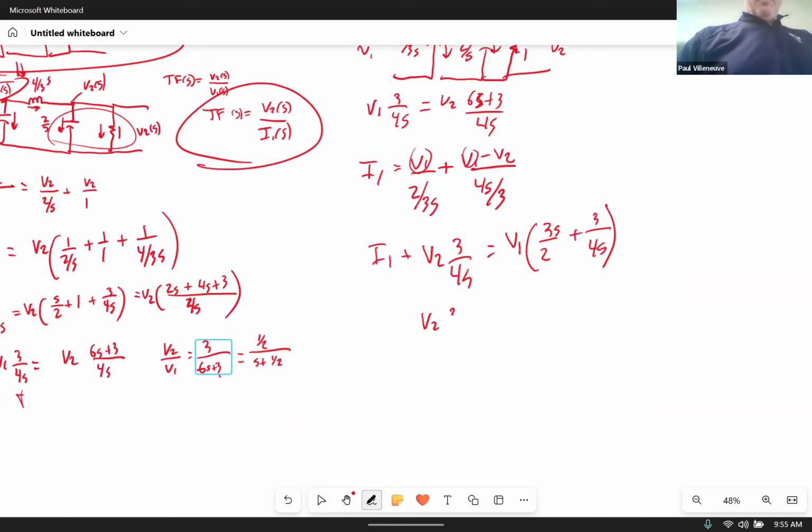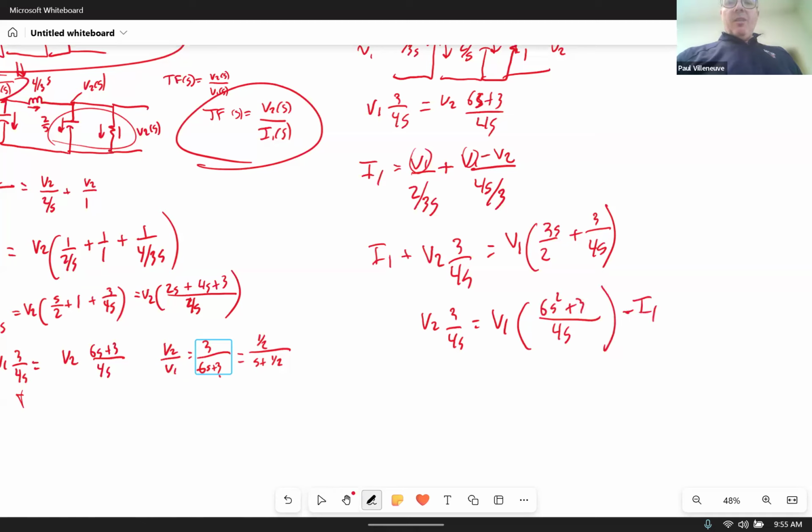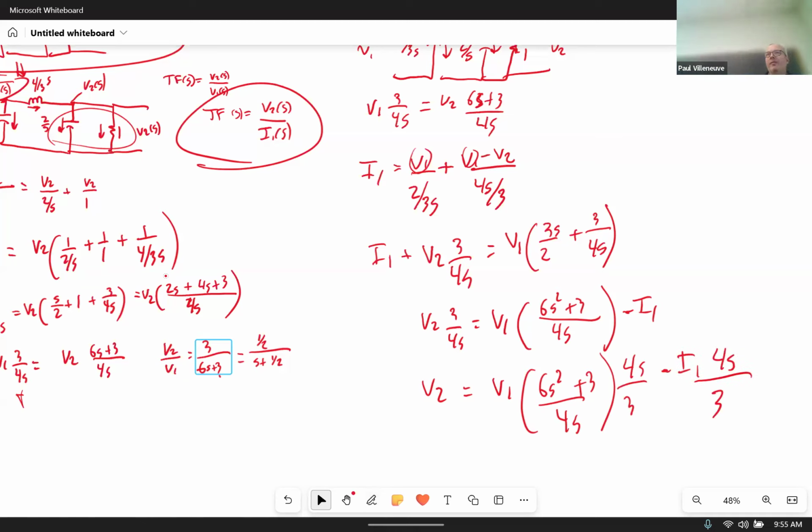So V2 times 3 over 4S equals V1. I'm going to put this under a common denominator, so again that's going to be 4S. That's going to be equal to 6S squared plus 3 minus I1. So V2 equals V1 times 6S squared plus 3 over 4S multiplied by 4S over 3 minus I1 times 4S over 3.